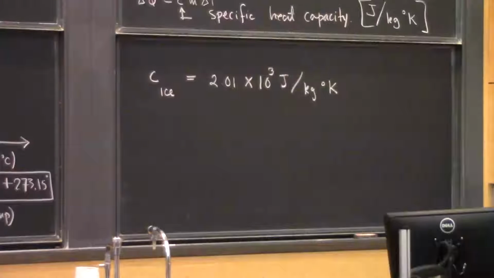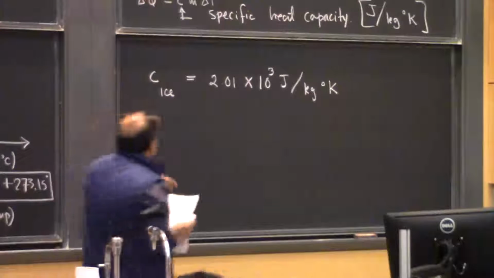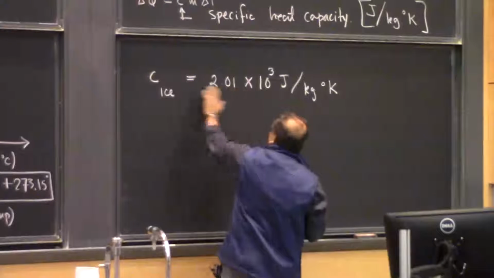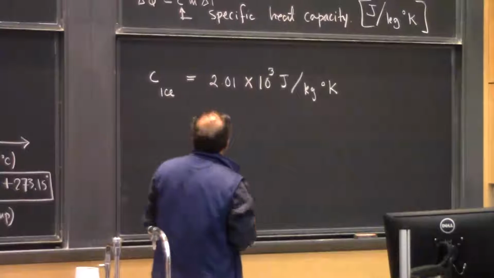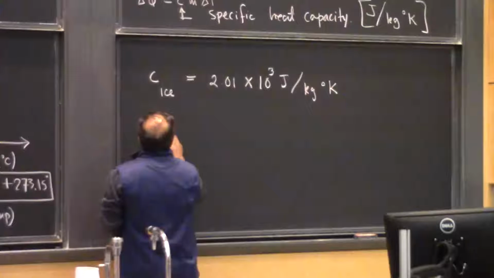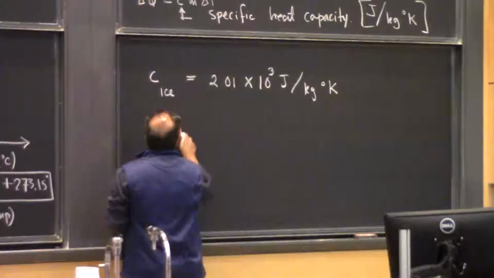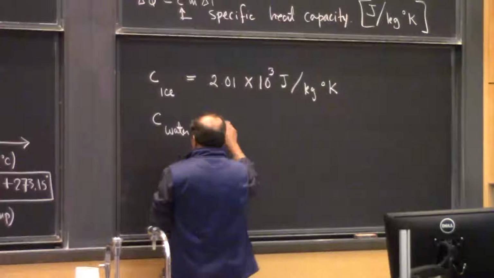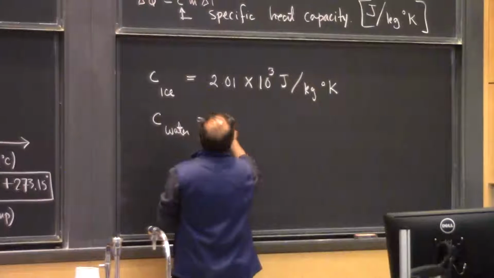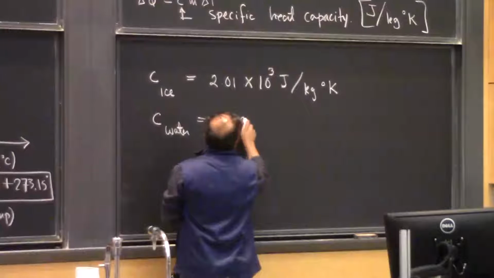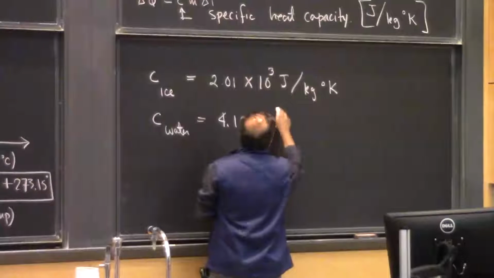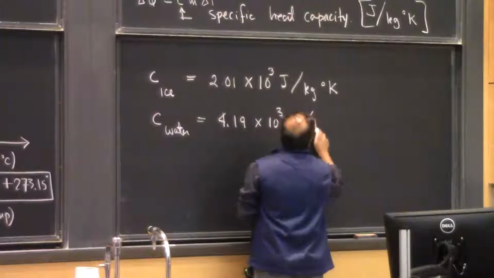You have to give that much heat or take out that much heat. So this amount is what you need to convert from ice to water. But for water, seawater itself is quite different. In fact, it's more than twice as much. It's 4.19 times 10 to the 3 joules per kilogram degrees Kelvin.